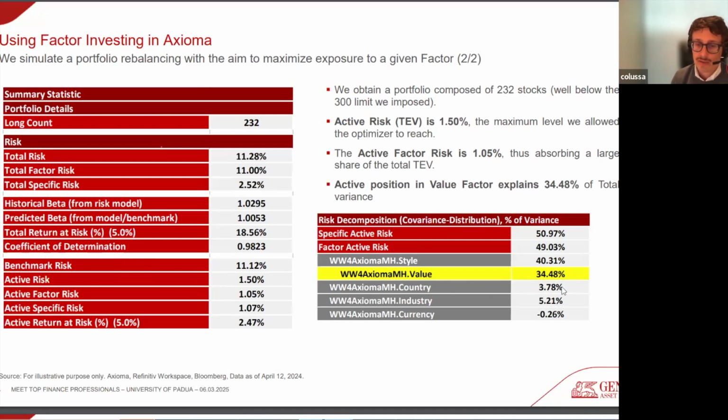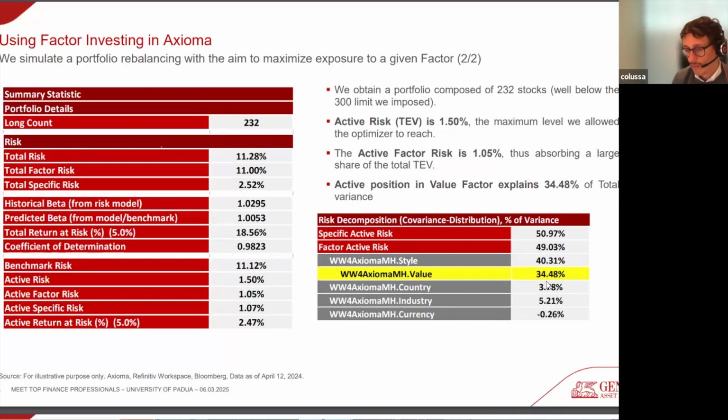For example, here the factor I maximized was value, and you see the specific active risk is the idiosyncratic risk of single names. Factor active risk is indeed the factor exposure. And you see that out of 49%, 34% is value.